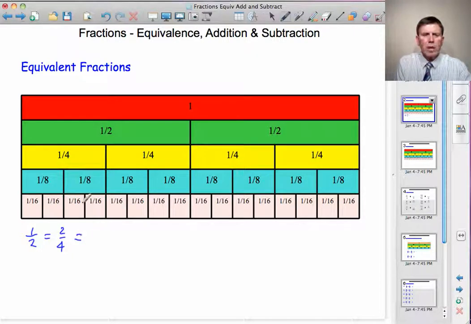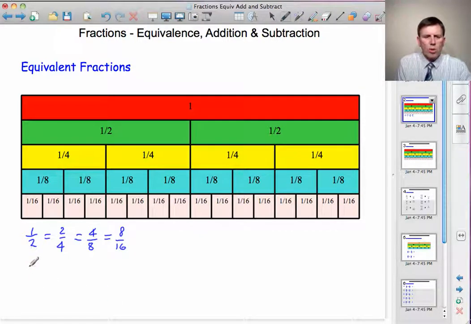Well, hopefully you've recognised that a half is the same as 4 eighths. What else is a half the same as? It's the same as 1, 2, 3, 4, 5, 6, 7, 8 sixteenths. Right, I think we've got everything from the diagram now that's the same as a half.